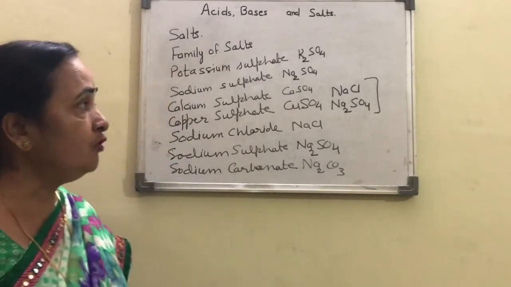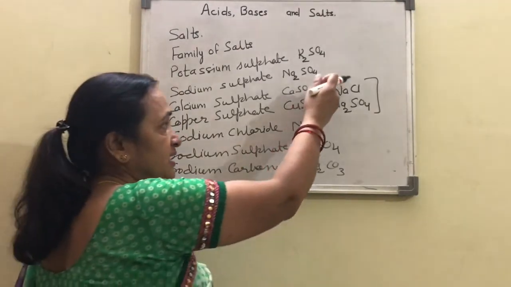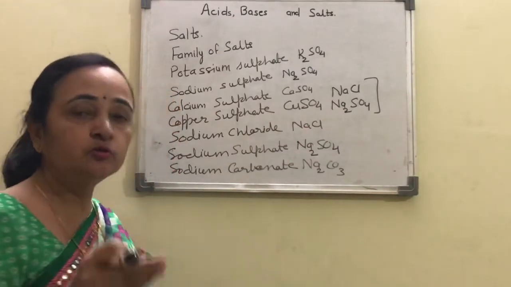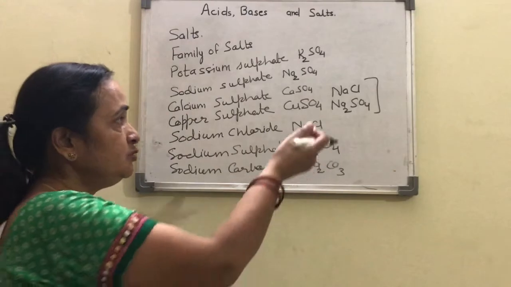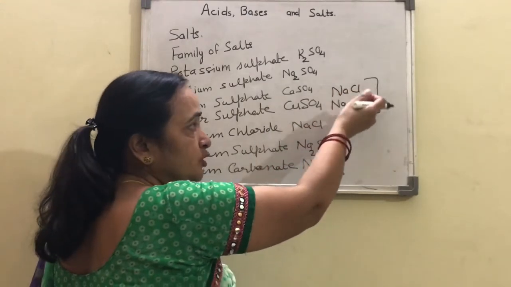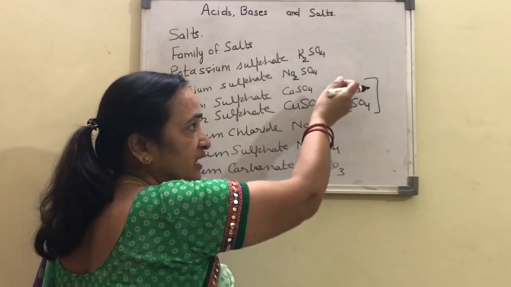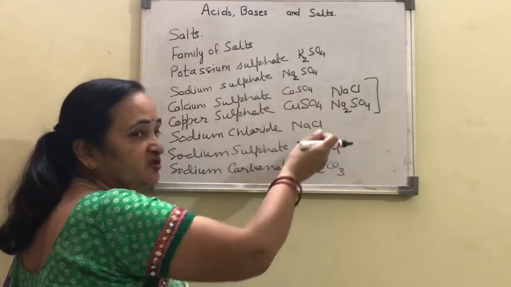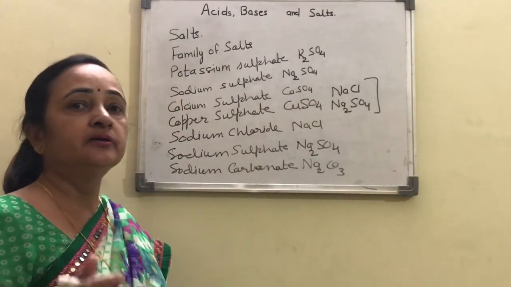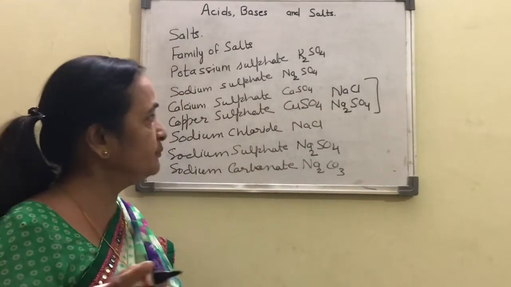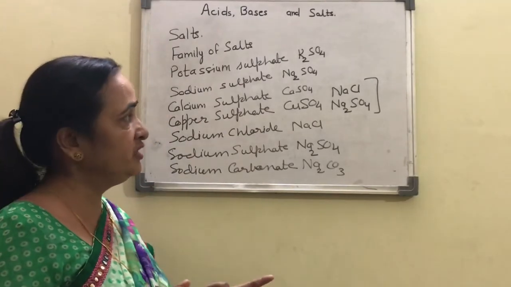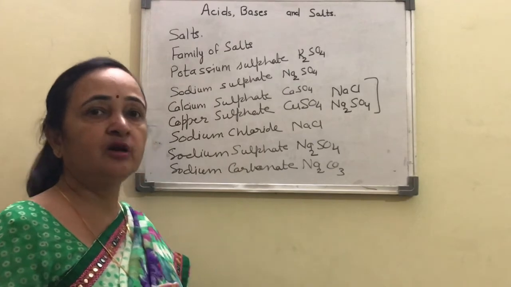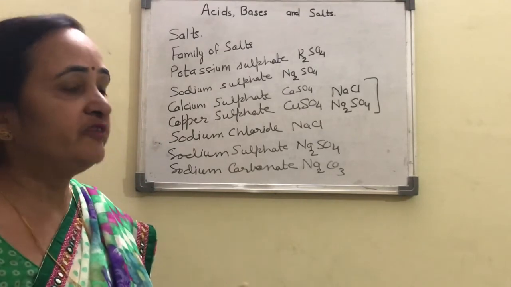Whenever the same type of ions are present in two or three salts, they belong to the same family. So sodium chloride and sodium sulfate both contain sodium ion, so they belong to the sodium family.